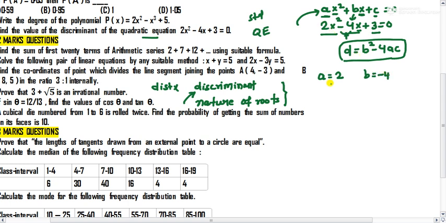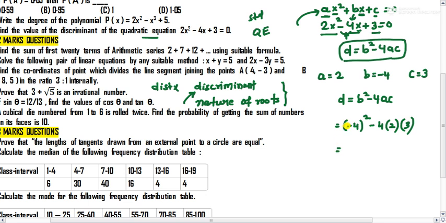If it is plus, don't write the sign, but if it is minus, you have to mention the sign as well. What is c? Constant, it is 3. So substitute in the formula. D is equal to b square minus 4ac. So here it is minus 4 whole square, minus 4 into 2 into 3.